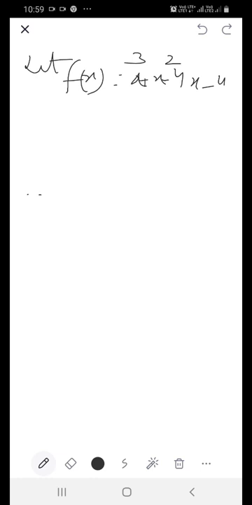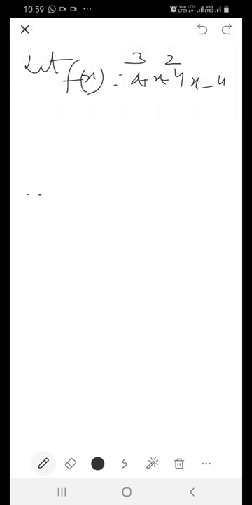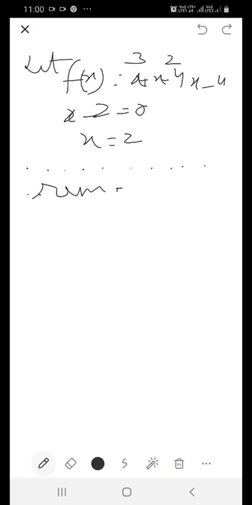This is the polynomial given to you, and using factor theorem, you have to show that x minus 2 is a factor. First we are going to put the divisor x minus 2 as 0, x is equal to 2. Then by remainder theorem, when f(x) is divided by x minus 2, remainder is equal to f(2).